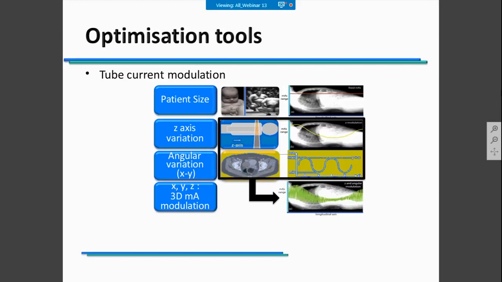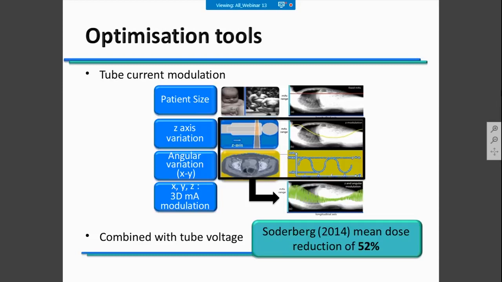If you have a CT scanner that could combine the modulation of the current and the modulation of the voltage at the same time, you're going to have a dose reduction that is higher than 50%. So it's important to be aware: if you have this technology in your scanner, you must try to understand how it works and take advantage of it.